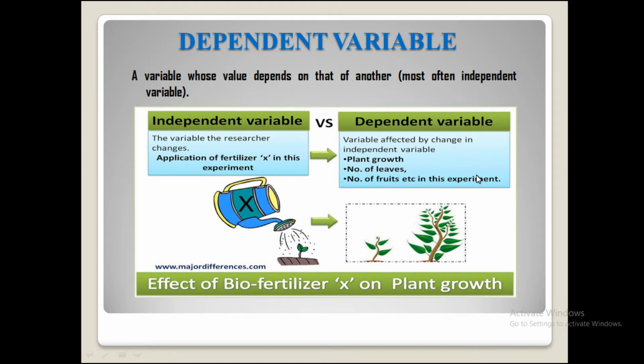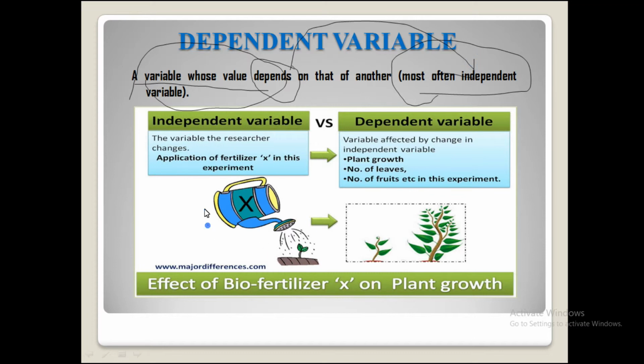The variable whose value, whose status, is based on the value of the independent variable. This variable is changed due to the change of the independent variable. Any variable that changes due to the change in the independent variable is called the dependent variable. As per the name, it depends on the independent variable.